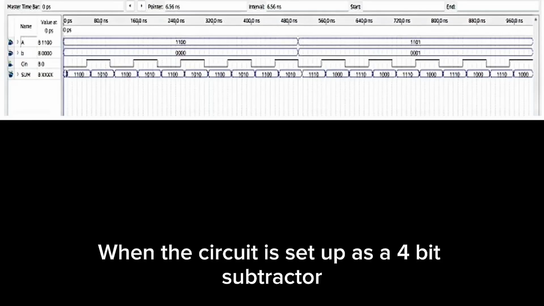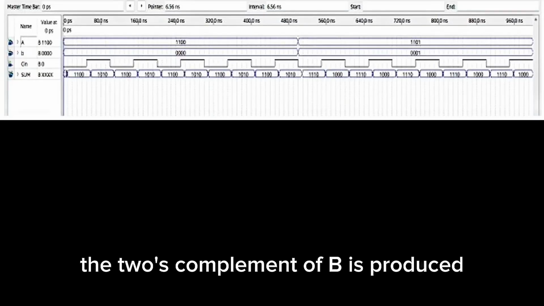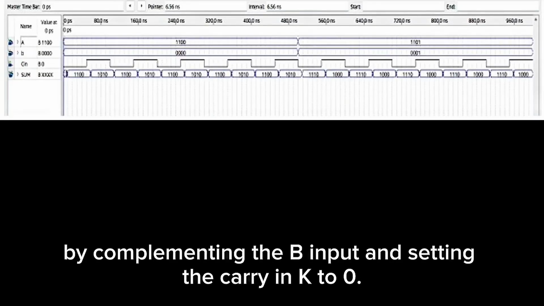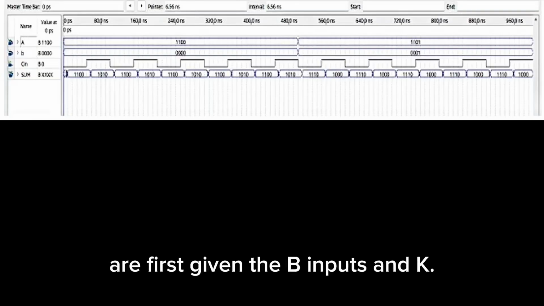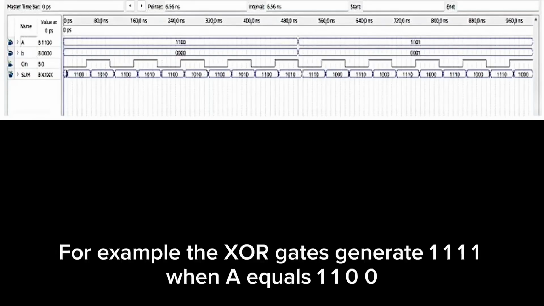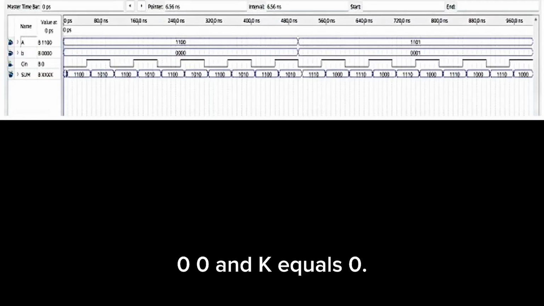When the circuit is set up as a 4-bit subtractor, the 2's complement of B is produced by complementing the B input and setting the carry-in K to 1. The XOR gates, which invert B to its 1's complement, are first given the B inputs and K. For example, the XOR gates generate 1111 when A equals 1100, B equals 0000, and K equals 1.